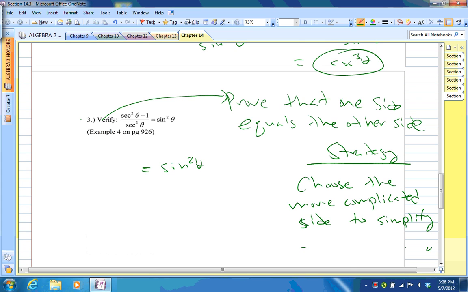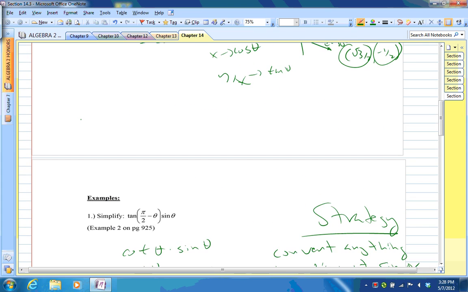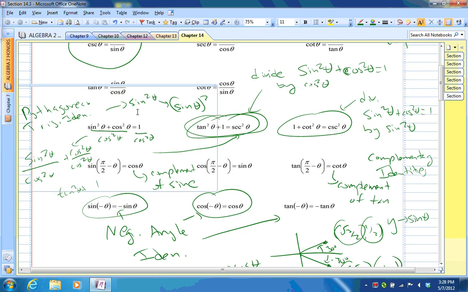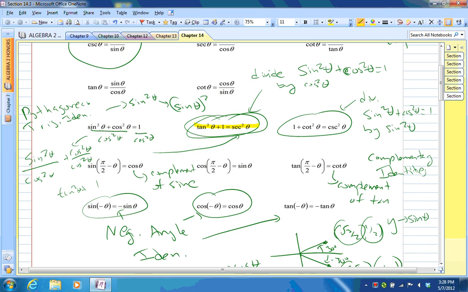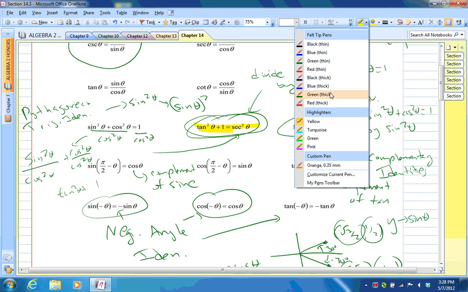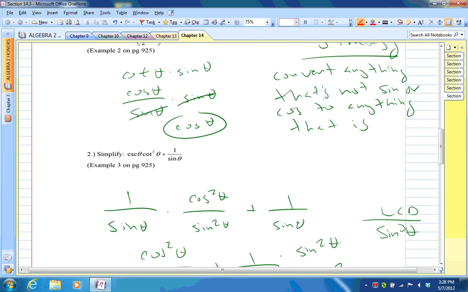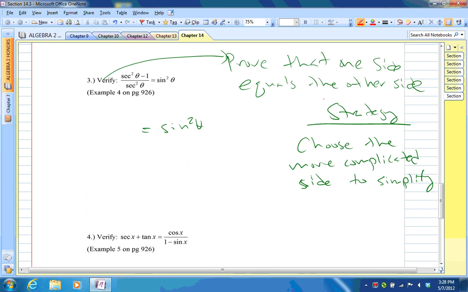So I see secant squared theta minus 1. If you think about it, if you were to take this equation right here, let me highlight it, and subtract the 1 over, that'll give me tangent squared theta. So that becomes tangent squared theta over secant squared theta.